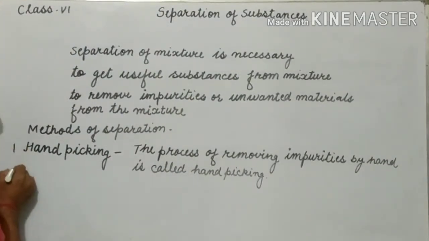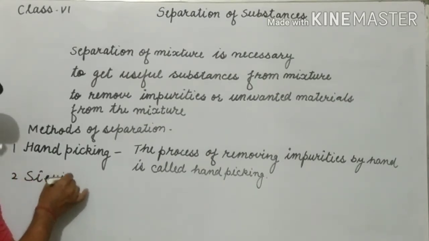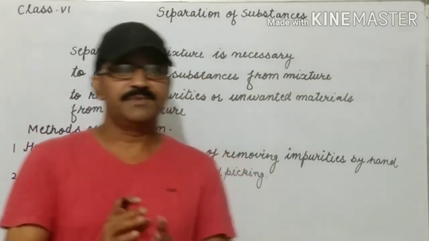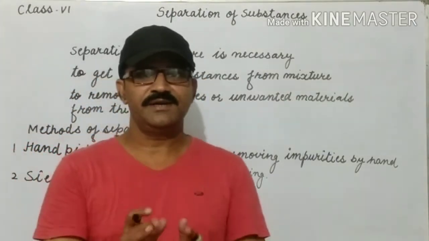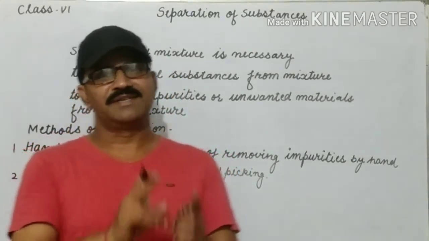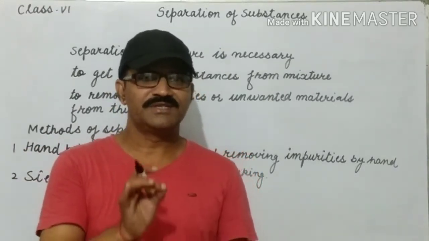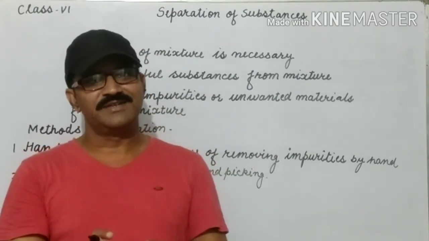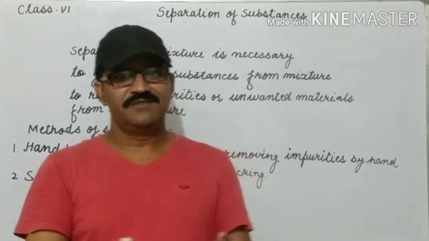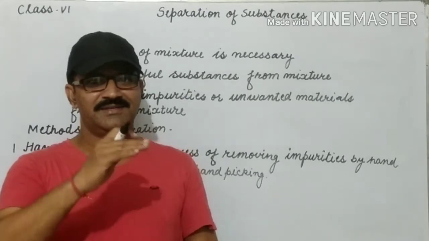Second is sieving. Components of a mixture that are different in shape and size are separated by sieving. The smaller components pass through the pores of the sieve, whereas the larger components remain on the upper side of the sieve. Have you seen your mother sieving flour?